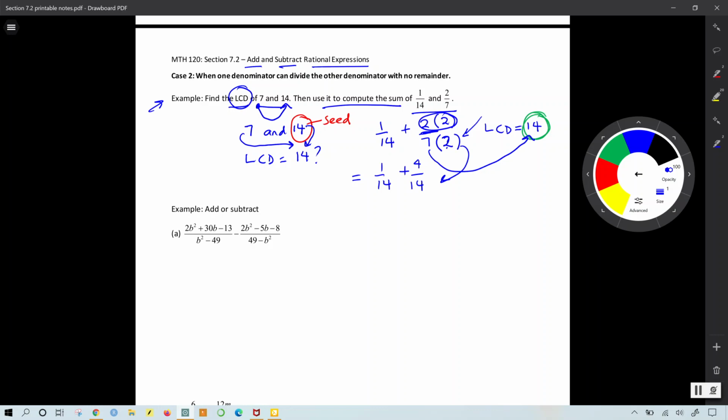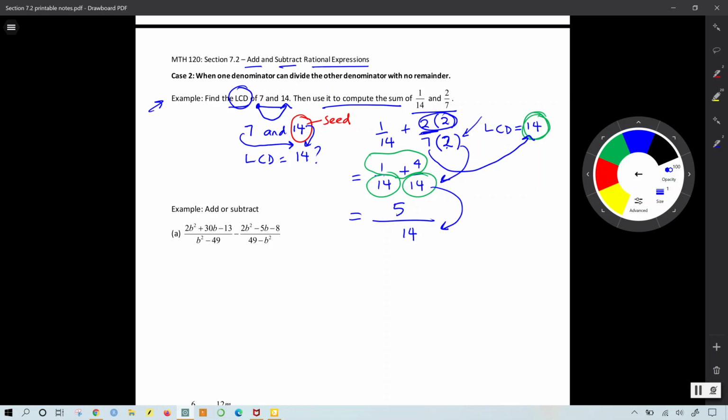equivalent form, where both fractions can now share the same denominators, and it will make it a lot easier to add the two fractions to give you 14 on the bottom, since both denominators are 14, and then on the top, we can say 1 plus 4, which will give us 5 over 14.